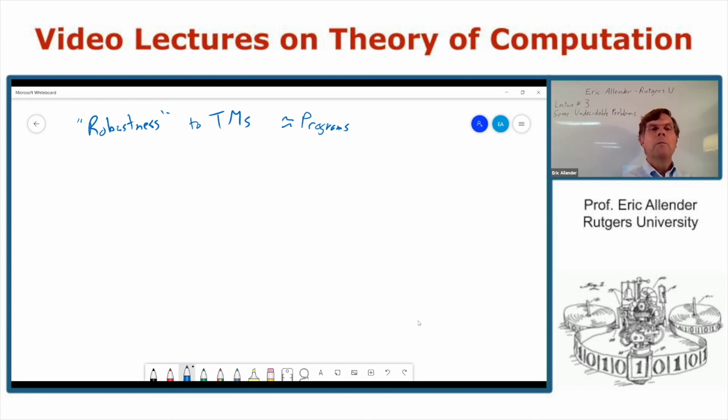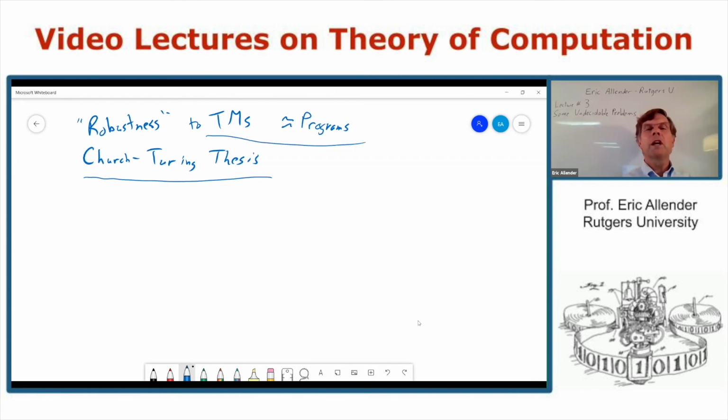We learned about the Church Turing thesis, and the real meat of the Church Turing thesis is just this statement, that no matter what notion of programs you come up with, it's going to be something you can implement on a Turing machine.